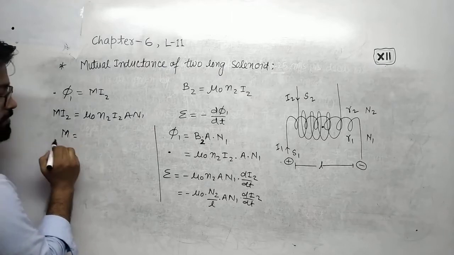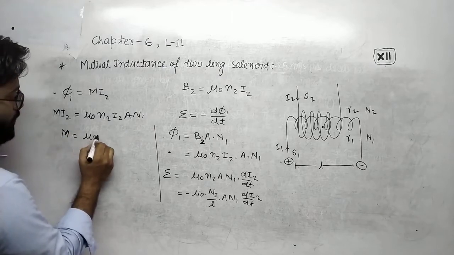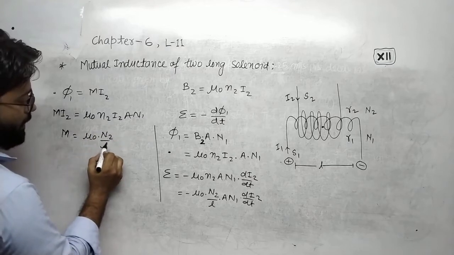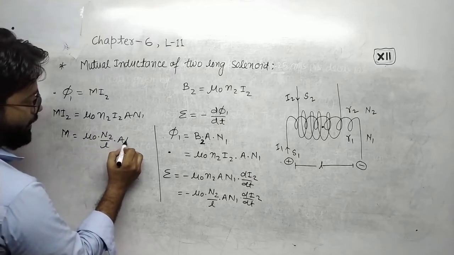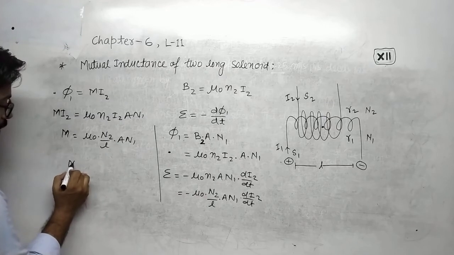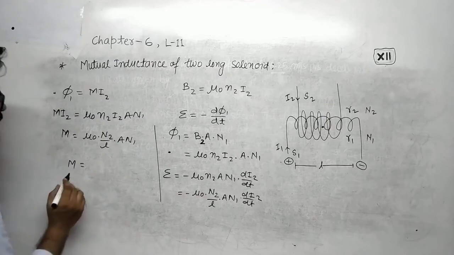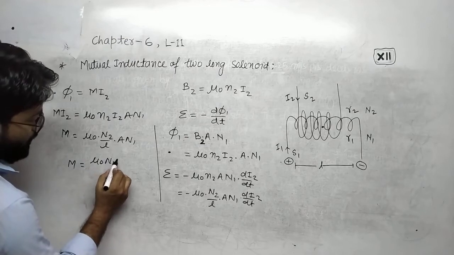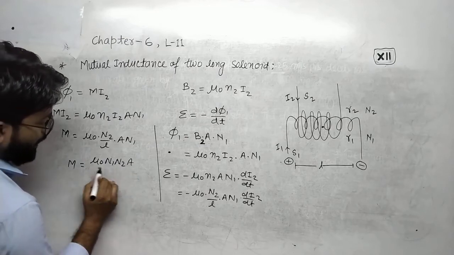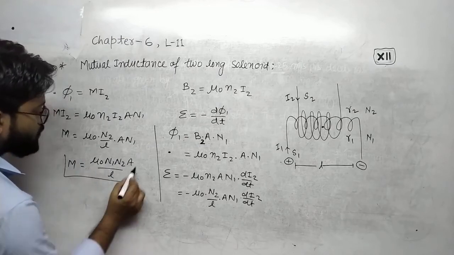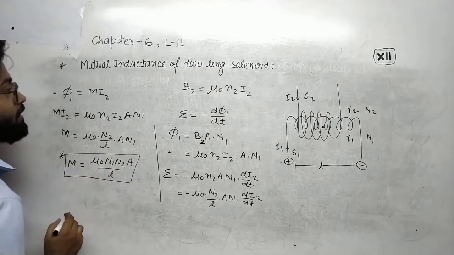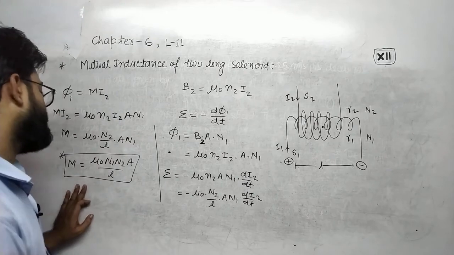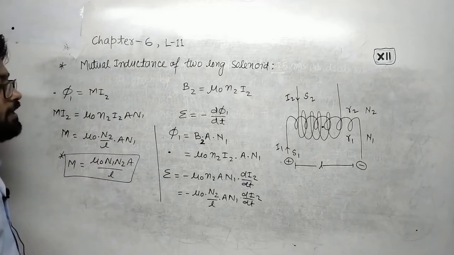Here M equals mu naught, in place of N2 writing capital N upon L, into A into N1. So M, which we have to calculate, is mu naught N1 N2 A upon L. This is the mutual inductance of first by second or second by first. Hope you are understanding, and thanks for watching.